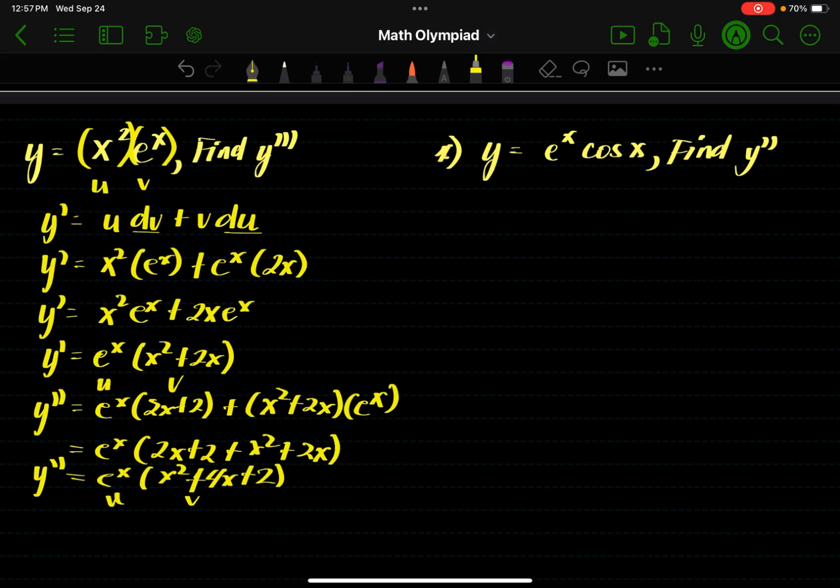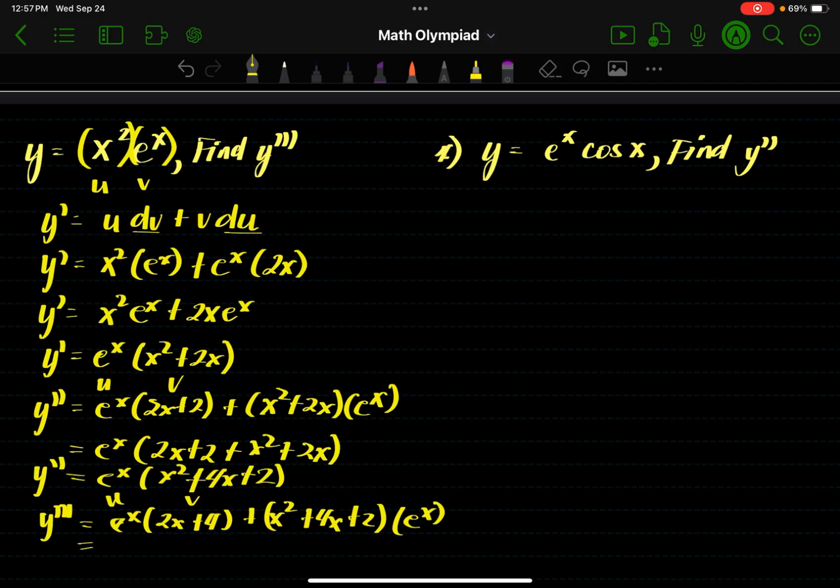So our third derivative is copy u, the e raised to x, times the derivative of the function 2x plus 4, plus copy v, the x squared plus 4x plus 2, times the derivative of e raised to x, which is e raised to x.